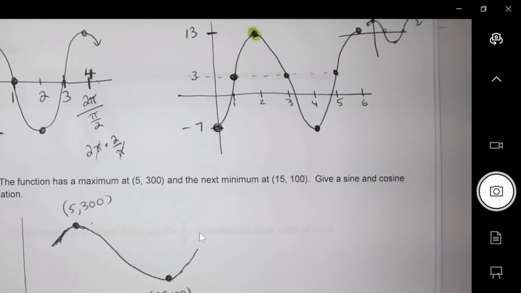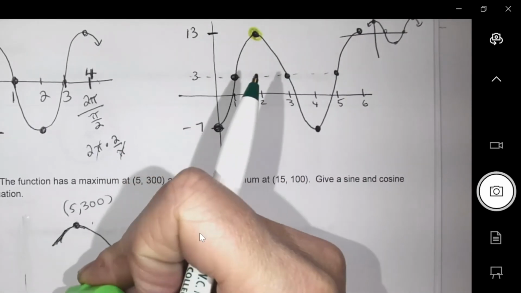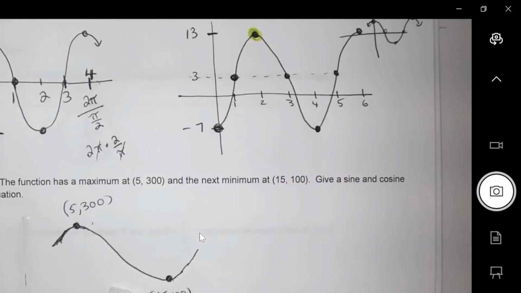I don't know why I drew those axes. I'm just confusing myself. Okay.